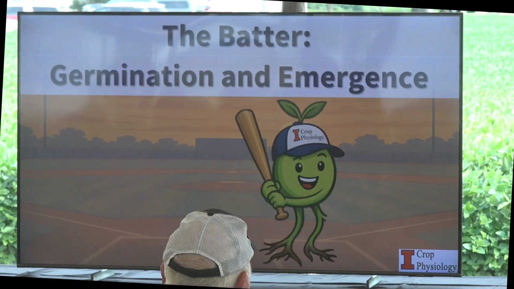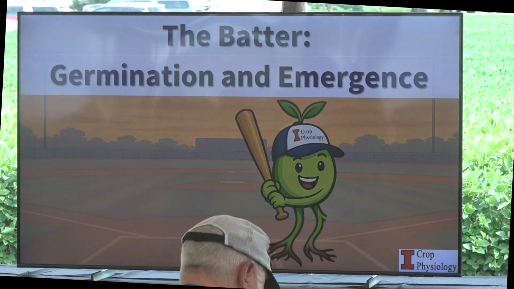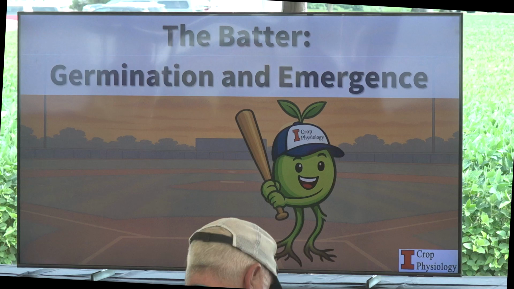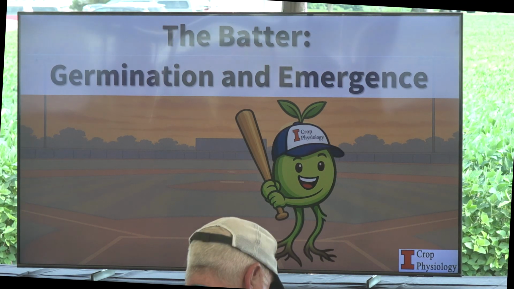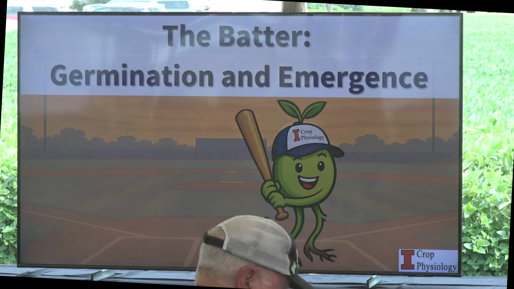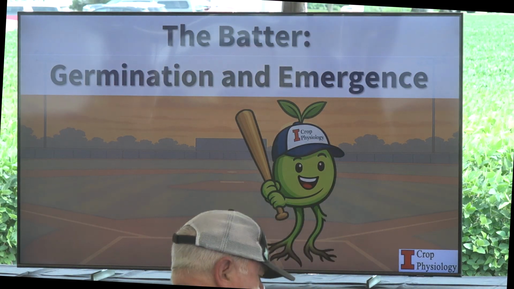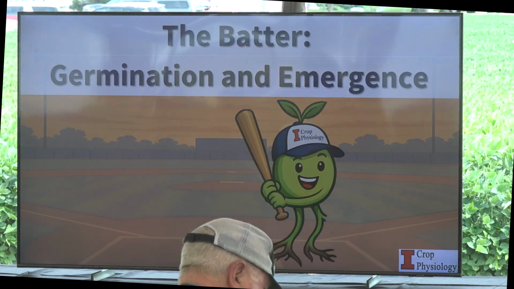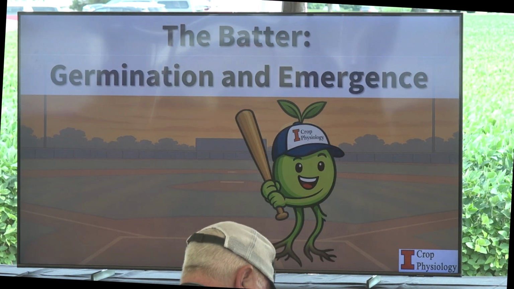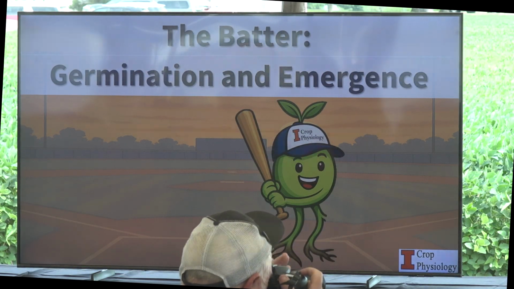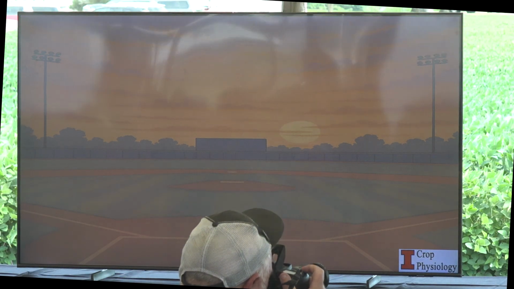In this analogy, the batter is good germination and emergence. But why? Because considering that a soybean is a pitcher, we need to have a good emergence for those seeds, a very good vigor for those seeds before we think about adding any kind of treatments. Because the treatment is not able to save a bad seed, right? So we need to have a very good seed to put the ball in play.